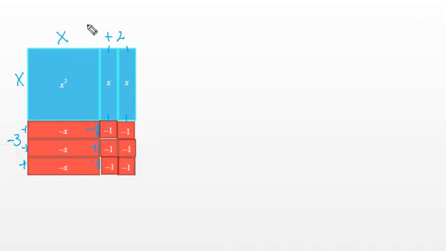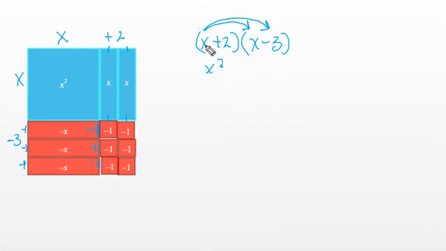So if we look at our expression here, we've got x plus 2 for our length times x minus 3 for our width. And when we distribute our x to each of the terms in our second factor, we have x times x, which is x squared, x times -3, which is minus 3x.